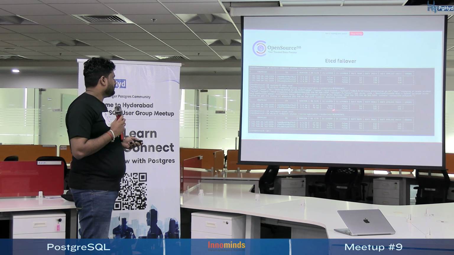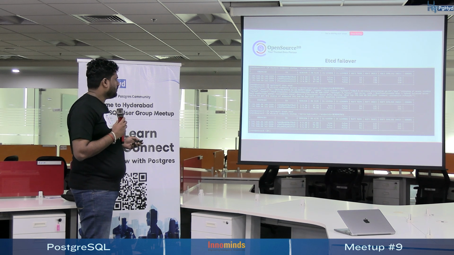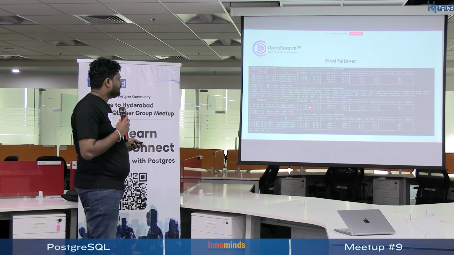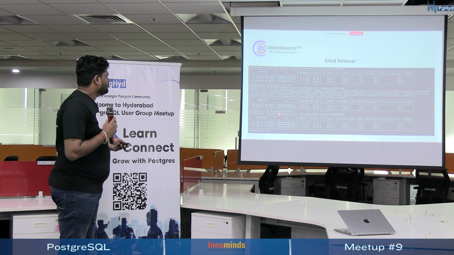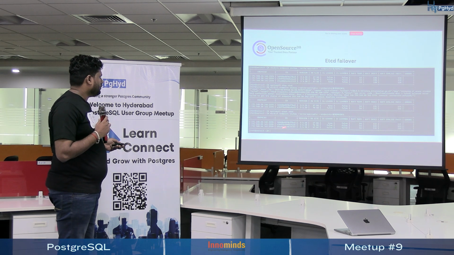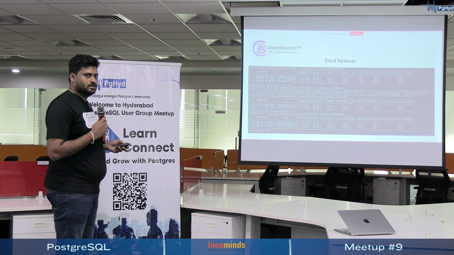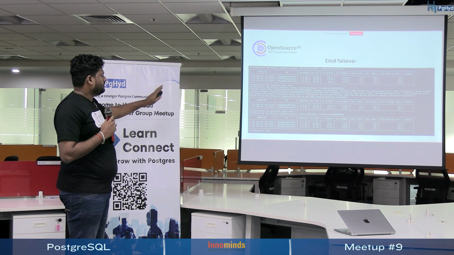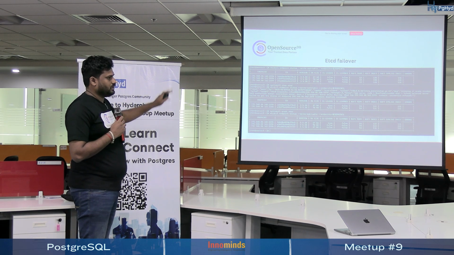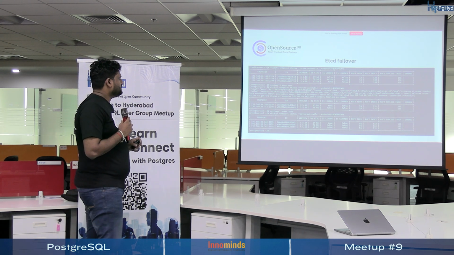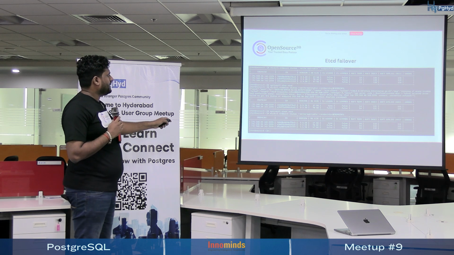Here you can see that it is shifted to 80.160. So what if the third server gets back? You will be able to see that it will be following the leader here. So this is the basic demo of how etcd handles the failover.